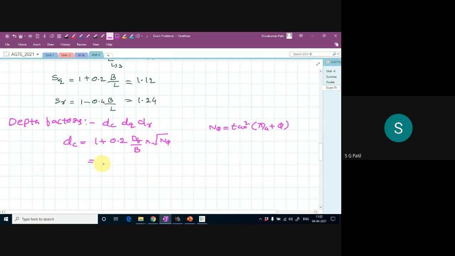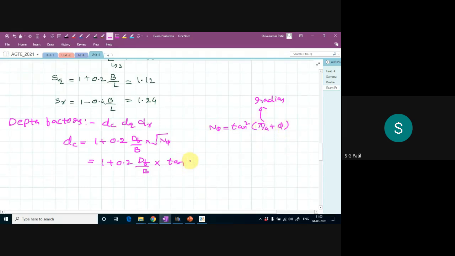So 1 plus 0.2 depth of footing by breadth into tan of, see this pi by 4 is in radian. Then this phi also you should put in radian, or you can convert this into degree so that you can put this phi also in degree.